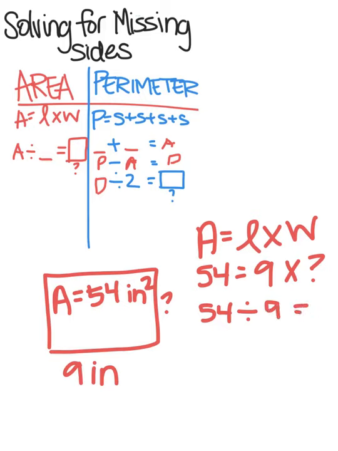And that will give you your width. So 54 divided by 9 is actually 6. So my missing width, W equals 6 inches. Okay? Easy peasy, it's one step. Some of us already realize it and don't have to do that inverse operation. Now that was if you're given area.